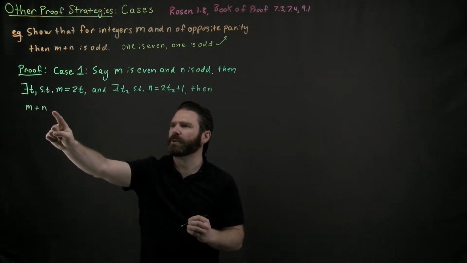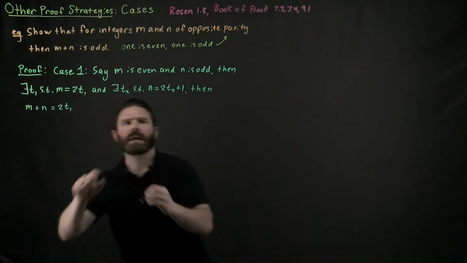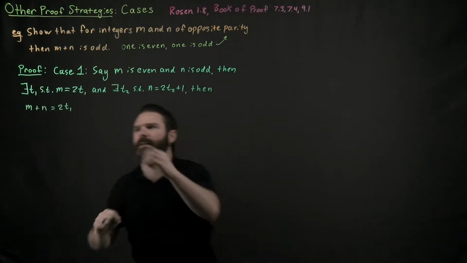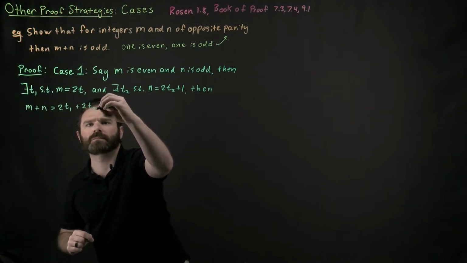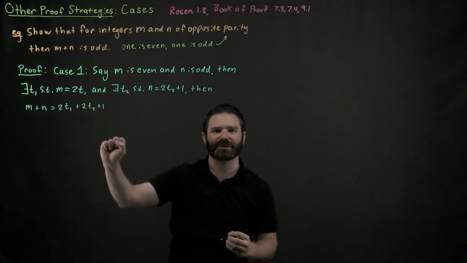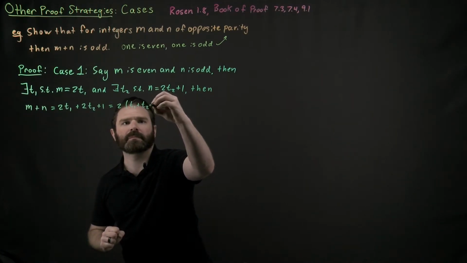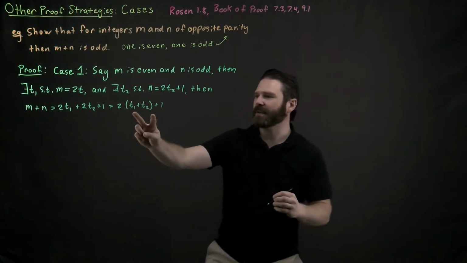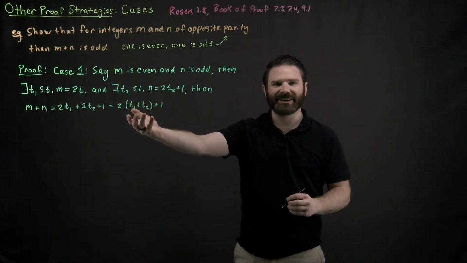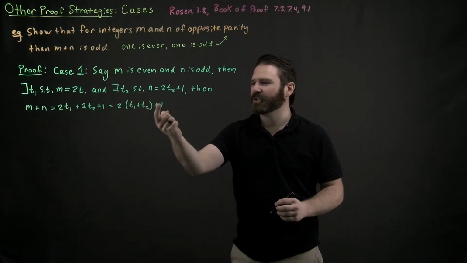Well, I can just plug in 2t1 for m, and I can plug in this expression for n. And then you can see we can factor out a 2 from the first two terms. And there we go. We see that this is indeed an odd number. It's 2 times some integer plus 1.